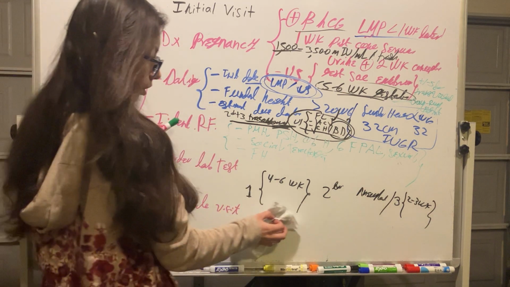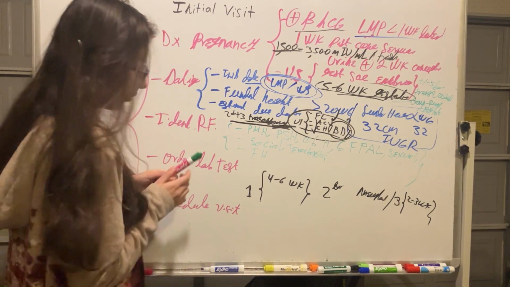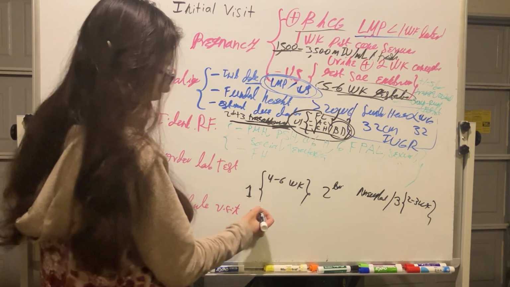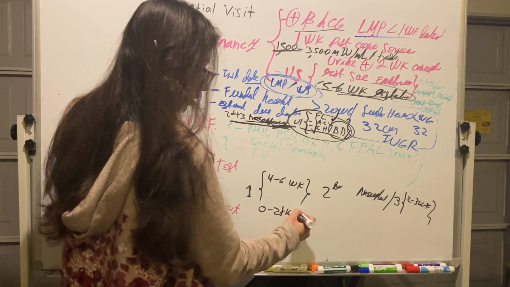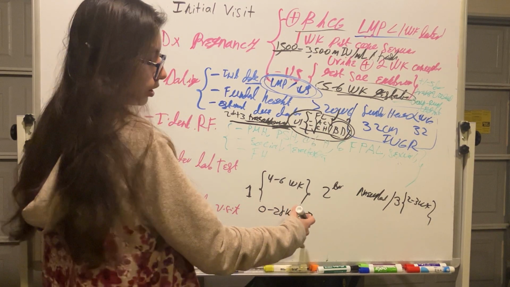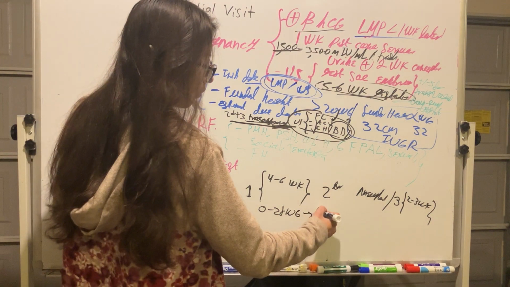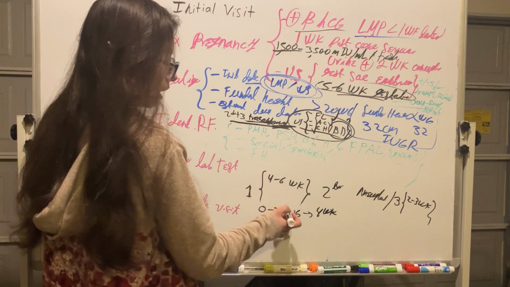Another way to schedule this is from 0 to 28 weeks gestation. We are going to schedule visits every 4 weeks, every 4 weeks from 0 to 28 weeks gestation.